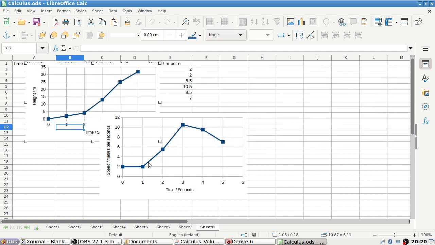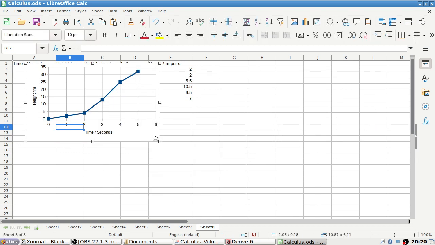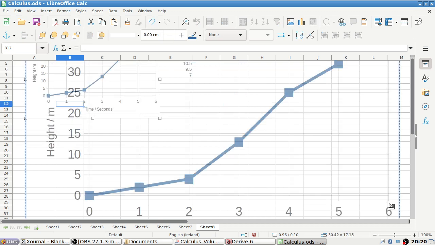It's going to be a bit tricky to try and... Let me delete that one for the moment. Just try and... This one a bit larger.